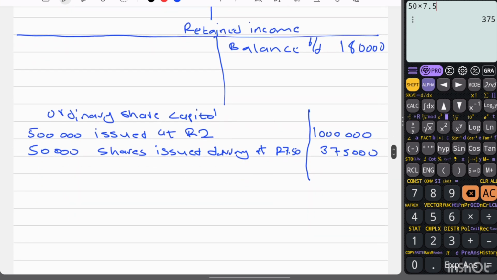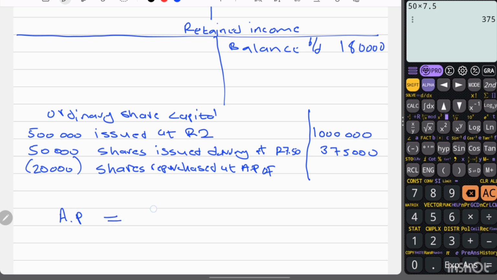Every time we record the buying back, you must put it in brackets. Shares repurchased at an average price of how much? Now the question is, how do I calculate the average price? This is the formula for calculating the average price.